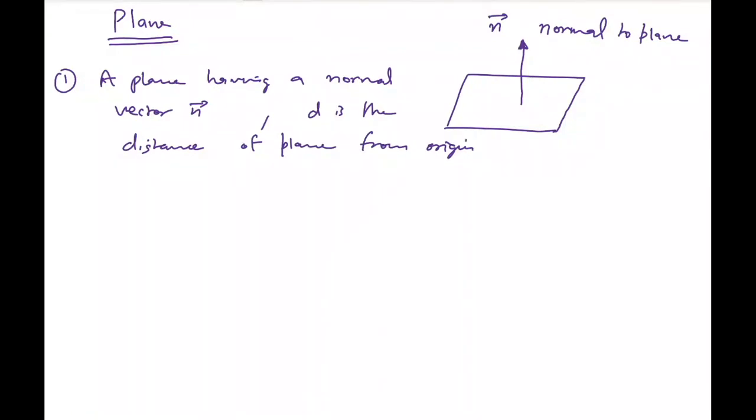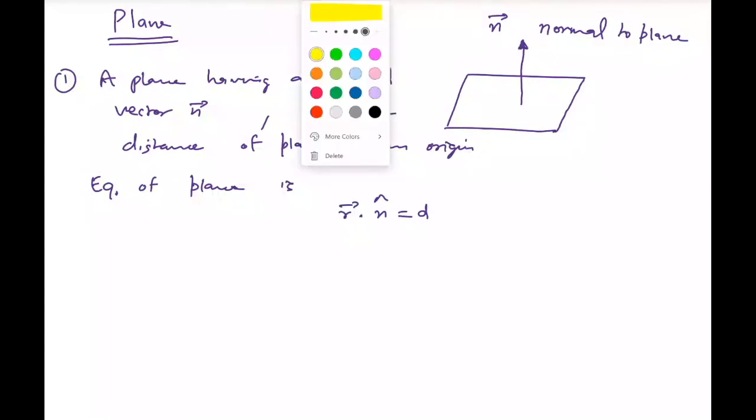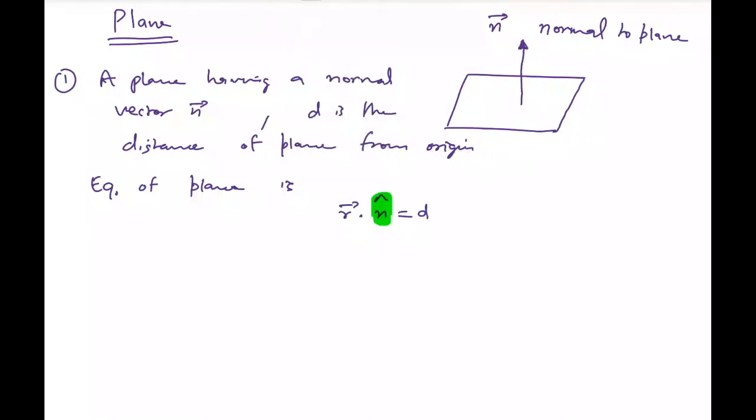If we know the normal vector and the distance of the plane from the origin, then we can find the equation of plane. The equation of plane will be r vector dot n cap equals d. This is not n vector, this is n cap. What is n cap? You all know, this is a unit vector along the normal vector, and this d is nothing but the distance of the plane from the origin.